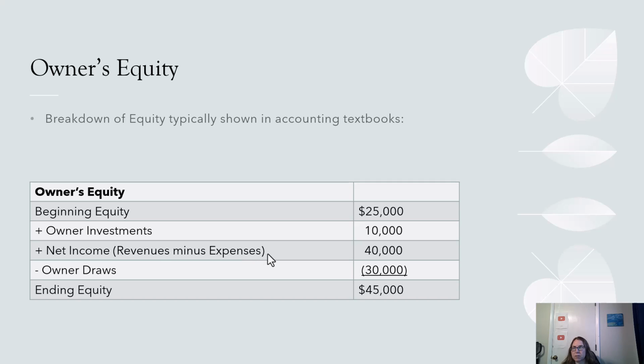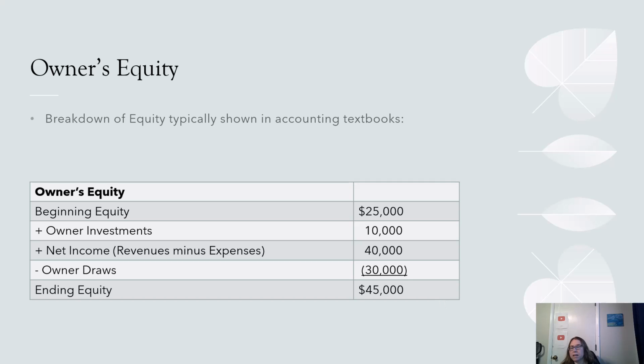So on that QuickBooks balance sheet, it showed plus net income, and it also showed retained earnings. Both of those reflect income, profits. So same concept here. And then you subtract any money that the owner pulled out of the business, any owner draws. And that leaves you with the ending equity, and that would go on your balance sheet.